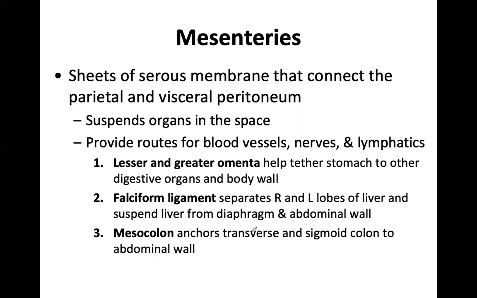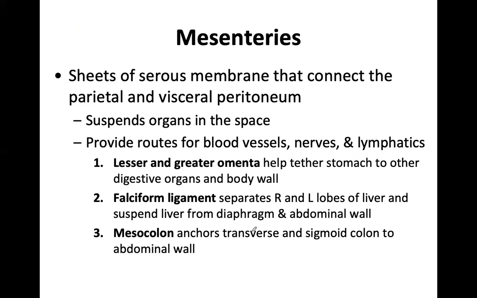We talked about the heart, surrounded or placed inside a double membrane called the pericardium. We talked about the double membrane around your lungs called the pleura, and the double membrane around the digestive viscera called the peritoneum. Now again, this double membrane is parietal and visceral.